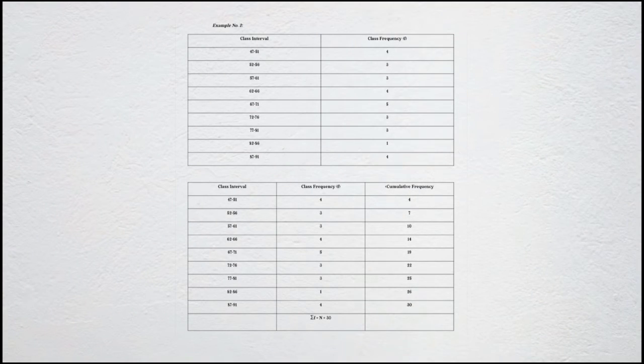So 4 plus 3 we have 7, 7 plus 3 we have 10, 10 plus 4 we have 14, 14 plus 5 we have 19, then 19 plus 3 we have 22, 22 plus 3 we have 25, 25 plus 1 we have 26, and 26 plus 4 we have 30. So 30, it is the same as the total of the class frequency, so check.